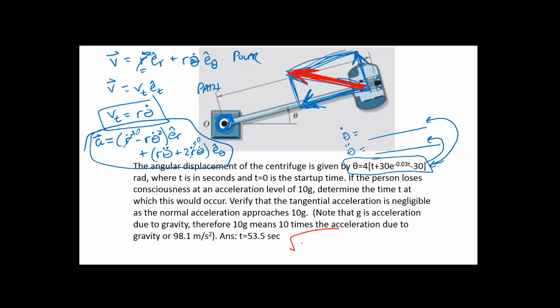Or in this case, it's R theta dot squared, squared plus what? R theta double dot, right? Yeah, that's what I meant. That's all right. Yeah, so then that's got to equal, so whenever that's equal to 10g, I pass out.